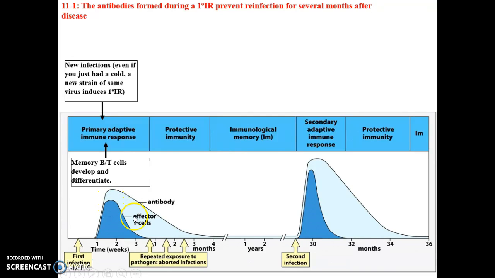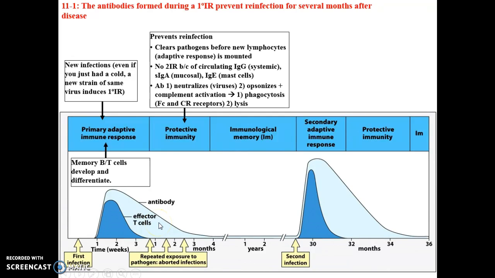So then over time, even though you're not going to be sick anymore from just a normal cold, your antibody levels are still going to be high. Effector T cells do start to wane. But at this point, if you get exposure to the same pathogen, the result is aborted infections. You're not going to get sick because you have those immune functions right there ready to go, and you don't even know that you are sick.